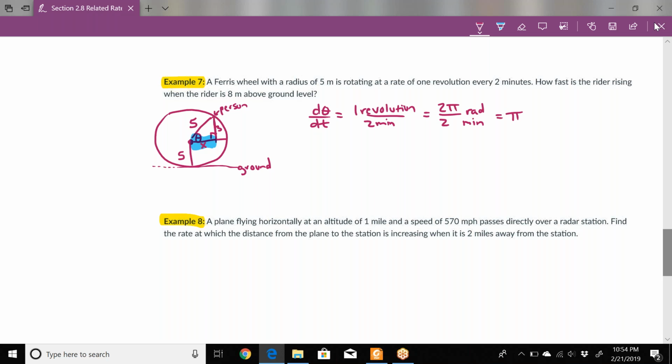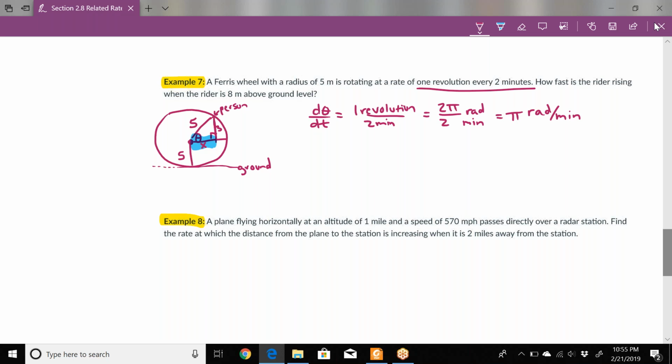So that would just be pi radians per minute. That's what this is describing, because it's 1 full revolution around a circular shape. We also know that the person is at 8, from the ground up, 8.